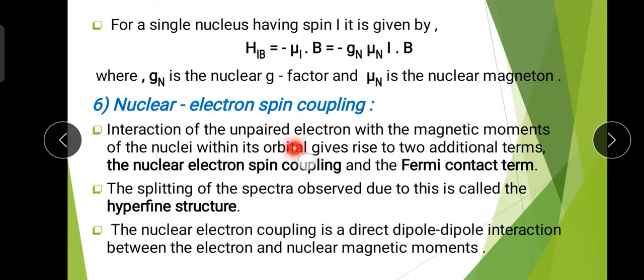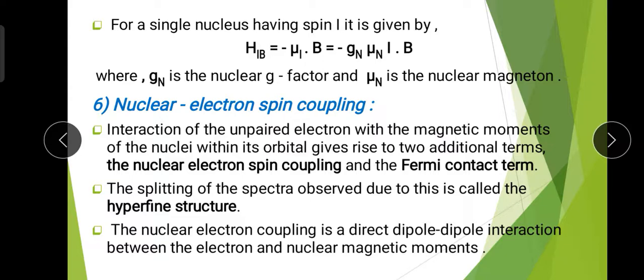Interaction of the unpaired electron with the magnetic moments of the nuclei within its orbital gives rise to two additional terms: the nuclear electron spin coupling, and the second one, the Fermi contact term. That is, if we consider the interaction between the unpaired electron and the magnetic moments of the nuclei, we get two terms.